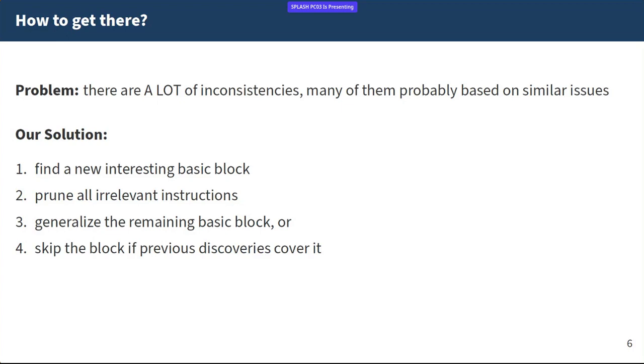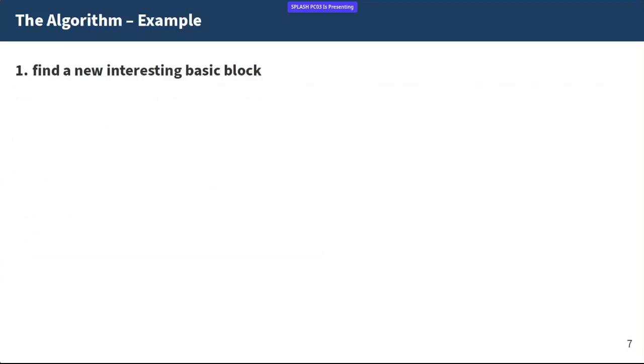And then we also apply a generalization technique, so that instead of just presenting individual basic blocks, we can present representations of larger sets of basic blocks that all lead to inconsistent behavior in the throughput predictors. These generalizations are also helpful because they allow us to ignore new interesting basic blocks that are already covered by previous discoveries. Let's go through these steps with an example.